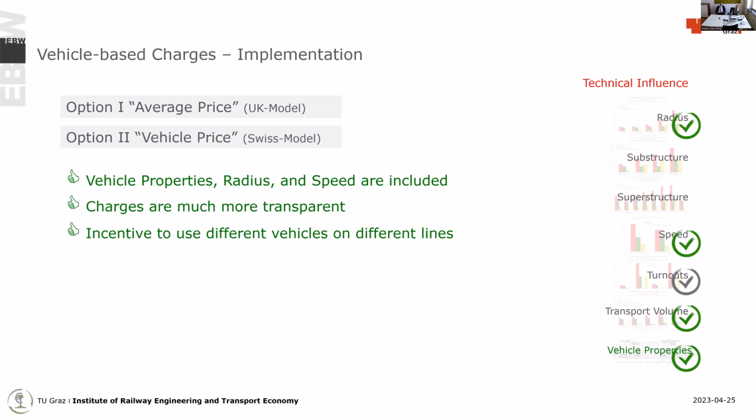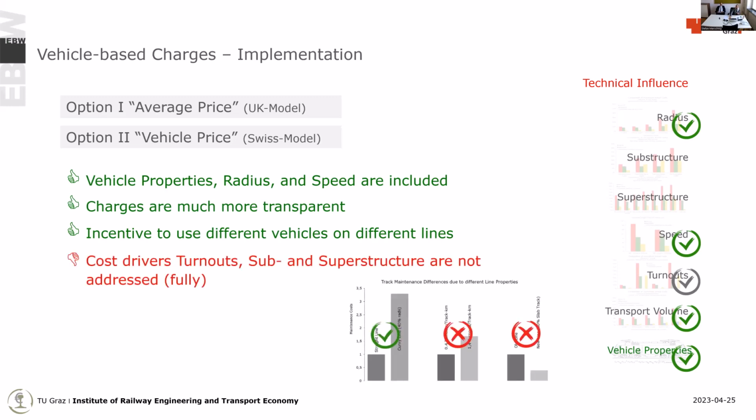What we cannot address with this model are the characteristics of sub and superstructure. It's not addressed, it's taken as an average. And turnouts are also not covered, as these charges are still applied on a network-wide level, covering the characteristic of the track, but not the specific line.